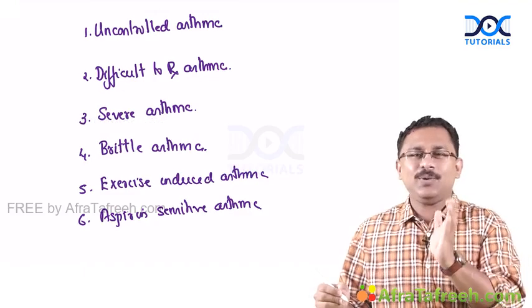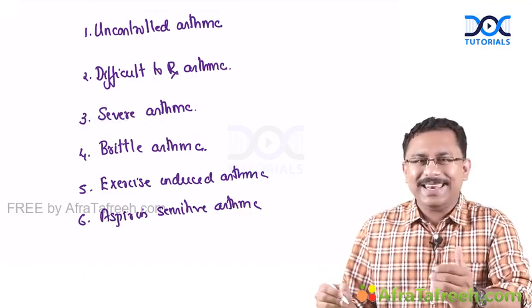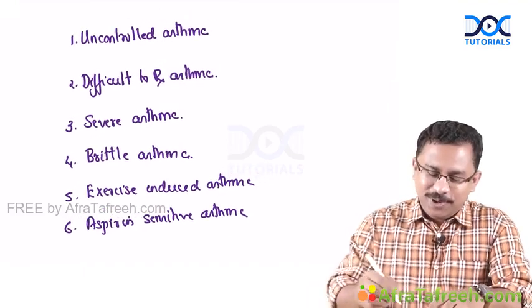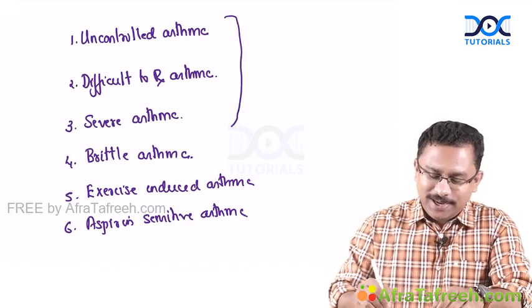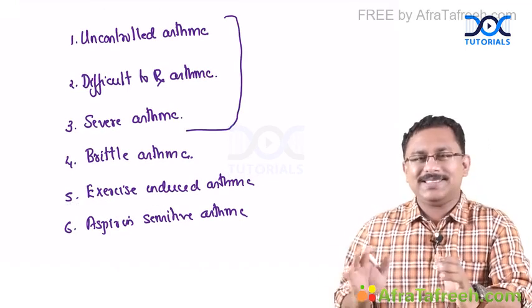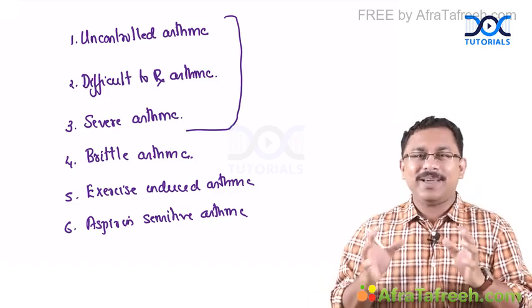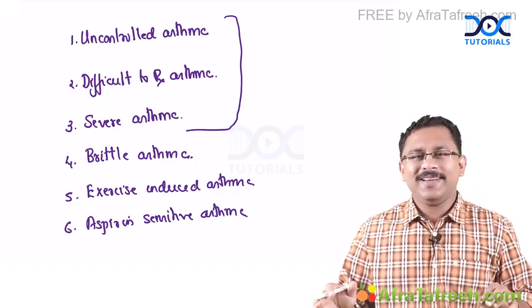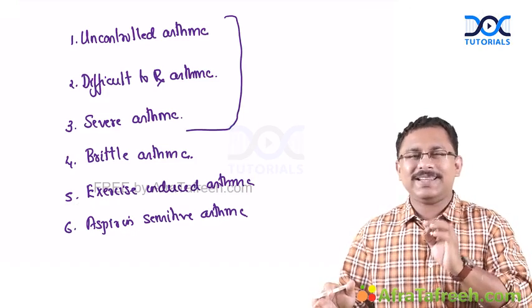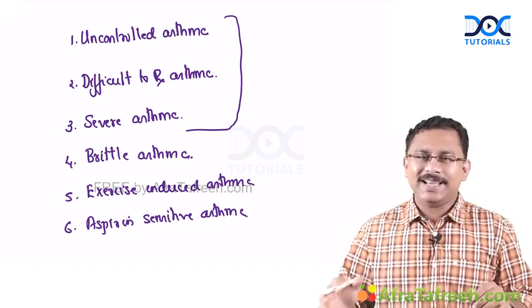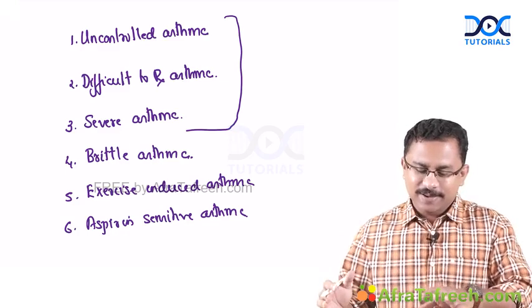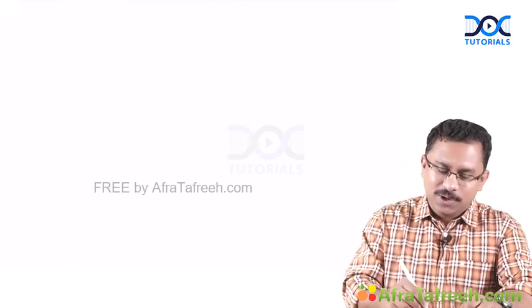Now I'll just try to explain what these mean individually. First of all, I'm going to group these 3: uncontrolled, difficult to treat, and severe asthma. All these terms appear very similar, but with respect to the definition, they are quite different. Let's see how they are different. First of all, uncontrolled asthma.